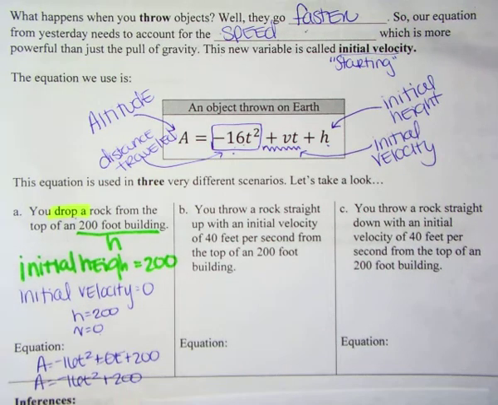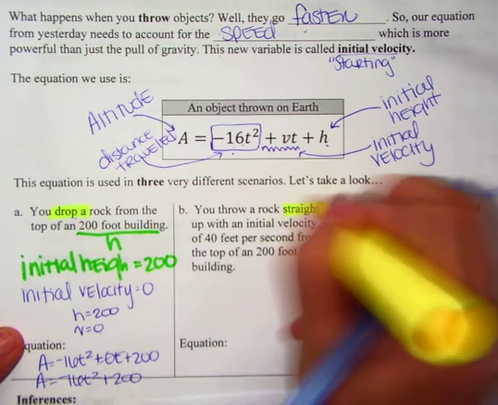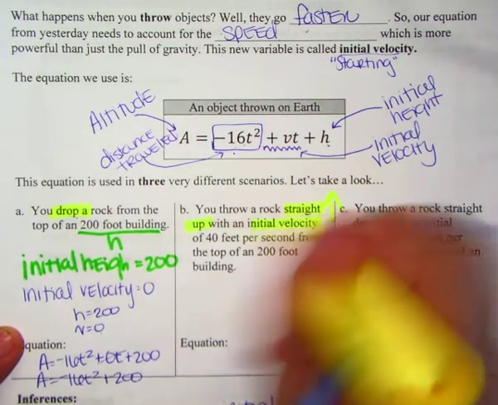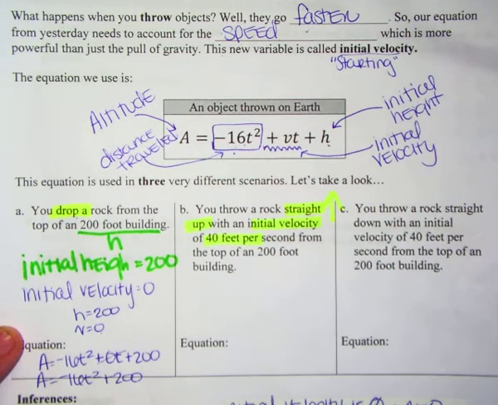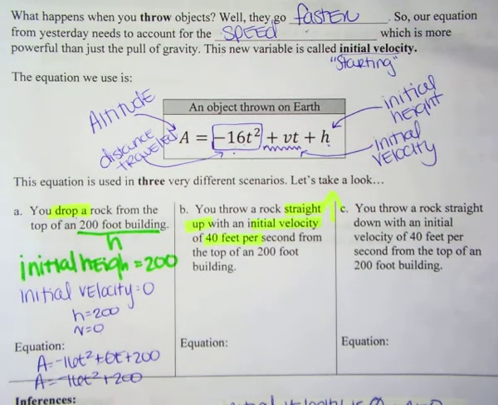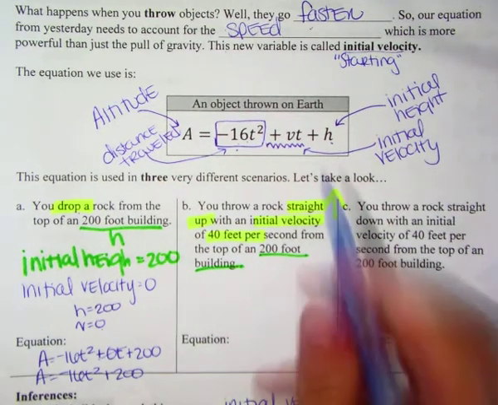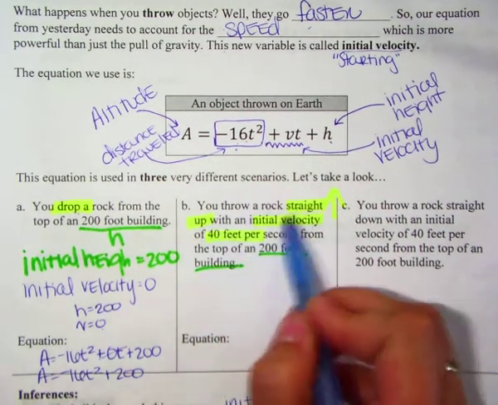All right, part B. You throw a rock straight up with an initial velocity of 40 feet per second from the top of a 200-foot building. So what I have in yellow, this all has to do with the initial velocity.